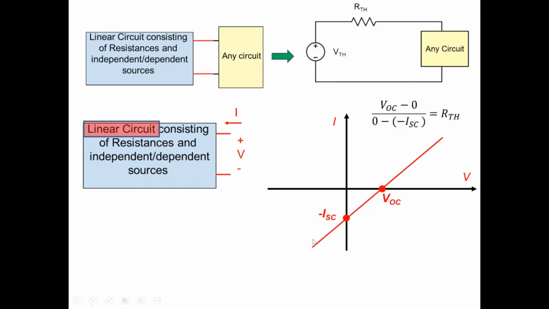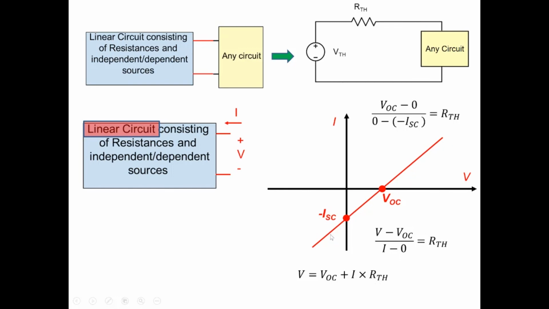Now we can write the general expression for this straight line. If I choose any point with voltage V and current I, we can write (V minus VOC) over (I minus 0) is equal to RTH, right? So a general expression we can obtain, and we can write it like this: V equal to VOC plus I into RTH.